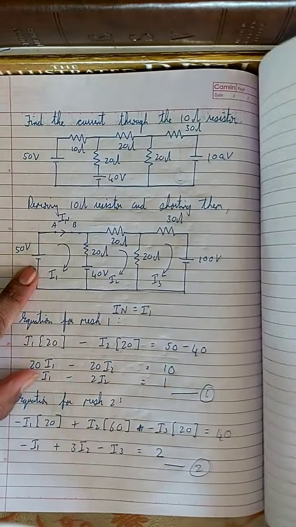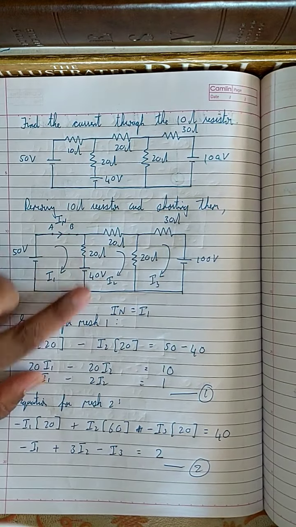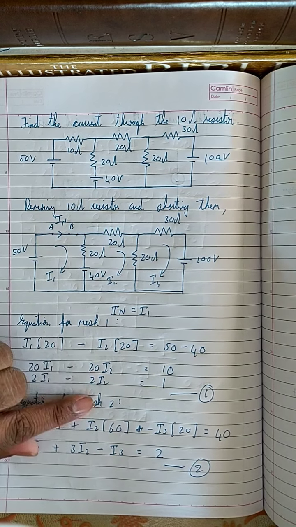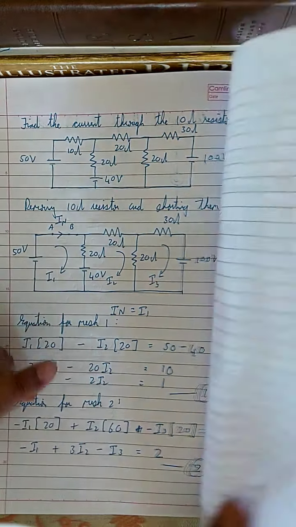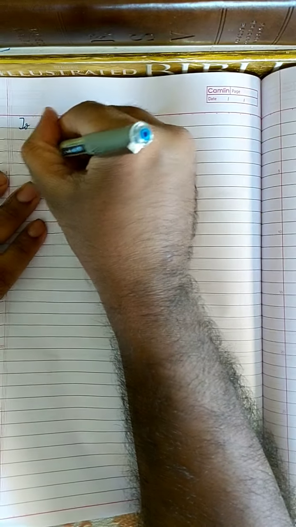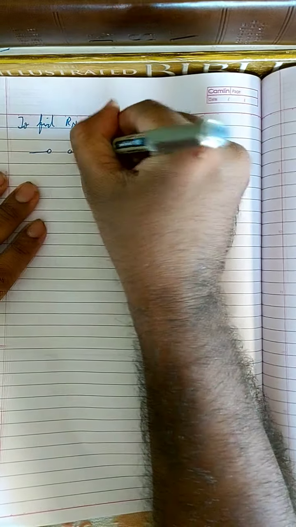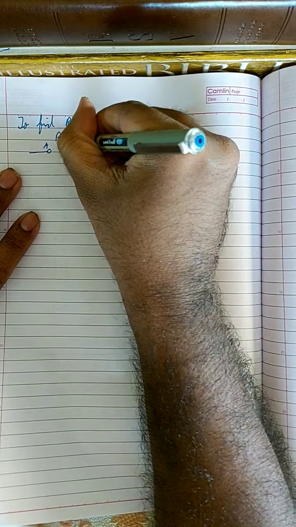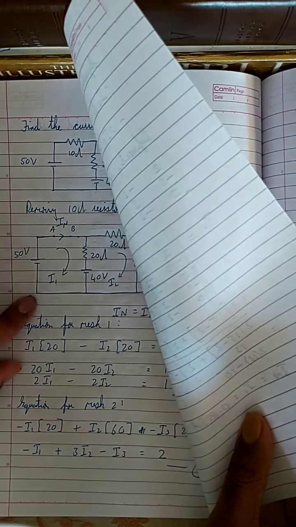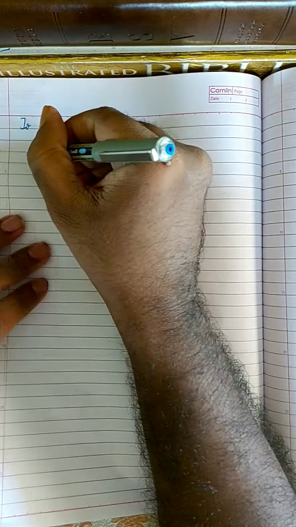Here the circuit is, if you see any voltage source you should short it, and if you see any current source you should open it, and you should find the value of Rn across these two terminals, right? So it is like this. Find the resistors across Rn. Here there is nothing, just simply short it.